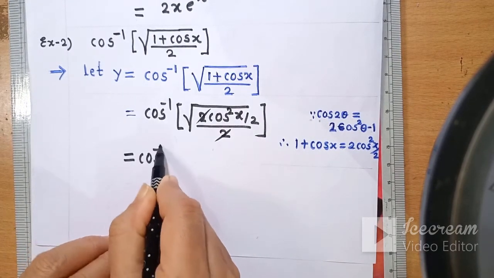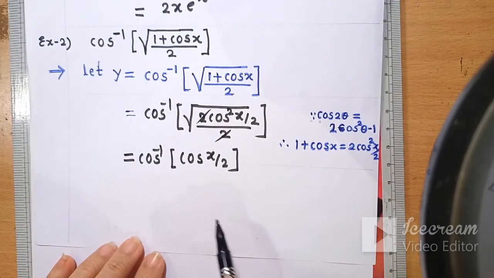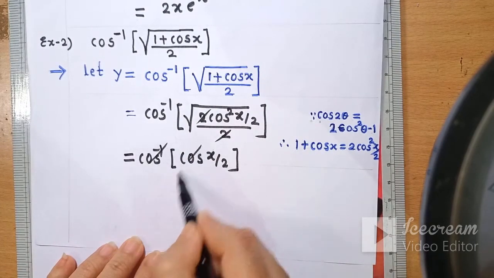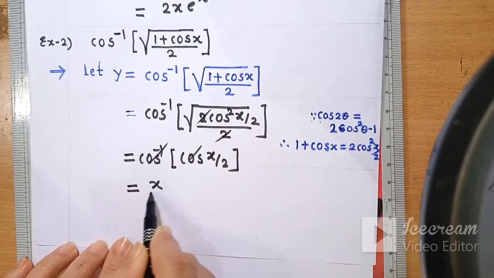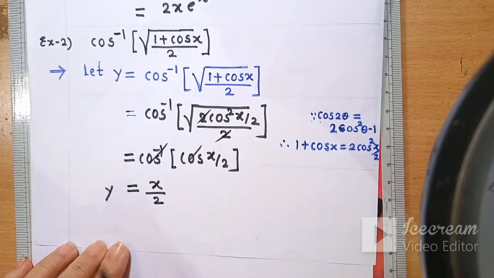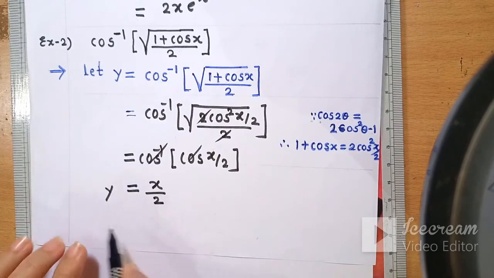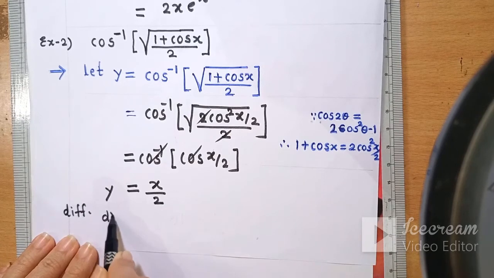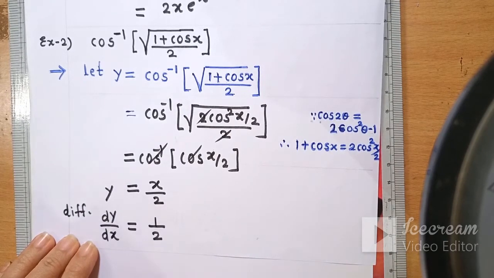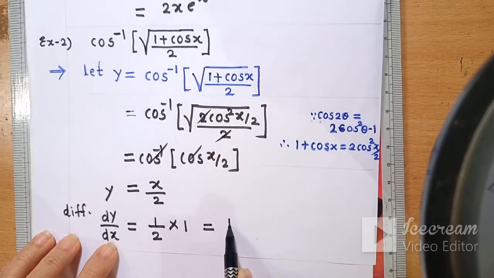So cos inverse of, again by using the rule, this cos inverse and cos get cancelled, and so only x by 2 remains. And now this is the simplest form, and differentiating we have dy by dx equal to 1 upon 2, since 2 is constant, and the derivative of x is 1, and so the final answer is 1 upon 2.